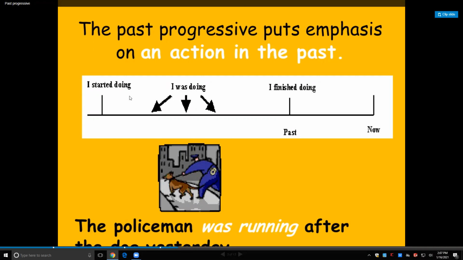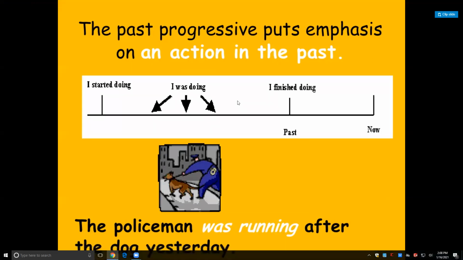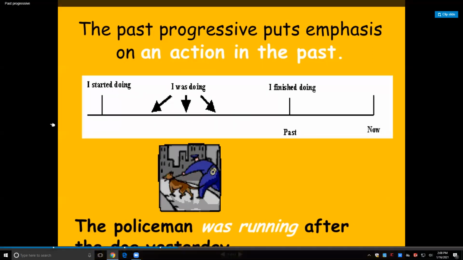You started doing something in the past, you were doing it, and you actually finished doing it. Because if you did not finish doing it and you are still doing it, then it's not past progressive tense. Then it's going to be past perfect progressive tense. So I started doing something in the past, I was doing it, and then I finished doing it in the past, but now I'm already done with it.